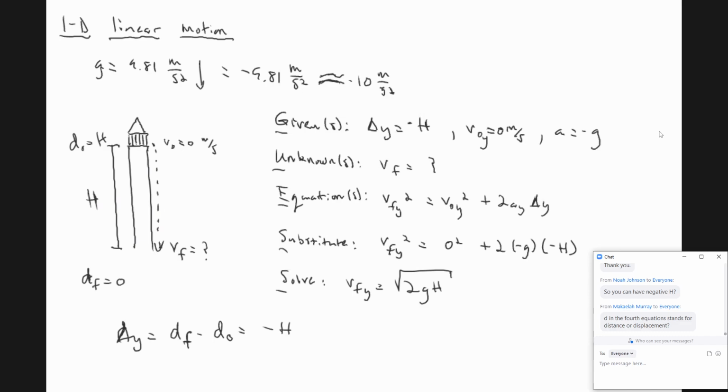Yeah, delta S was displacement, remember? In this case, we're basically using scalar quantities, right? Because we're assuming that they're in one direction. So you have to do it for the x and y direction if you have a 2D collinear motion. Yes, g is negative because it's going down.